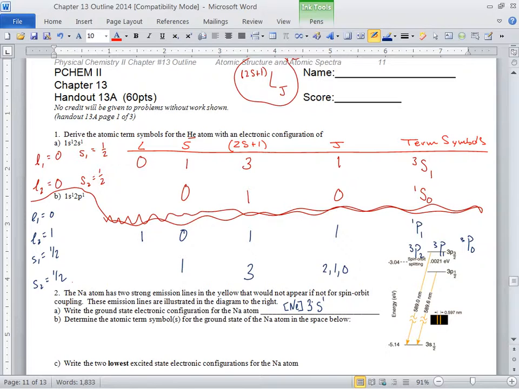Determine the electronic term symbols for the ground state of the sodium atom in the space below. Okay. So is there going to be any? Page 378 comes into play here. We talked about it, but we said closed shells have no orbital angular momentum.